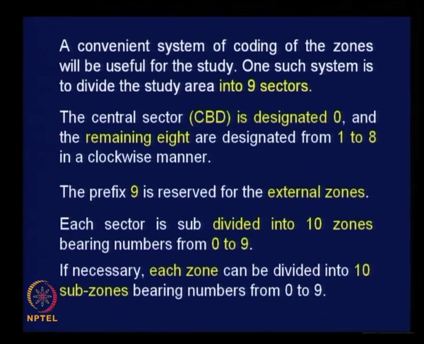If necessary, each zone can be divided into 10 subzones bearing numbers again from 0 to 9. So, this kind of coding will help you to understand your database much better, and you will be even able to perceive the exact location of a particular subzone or zone when you look at the number.